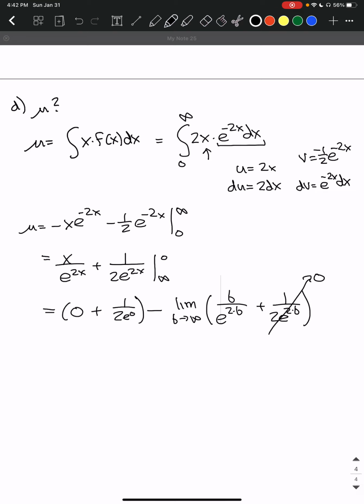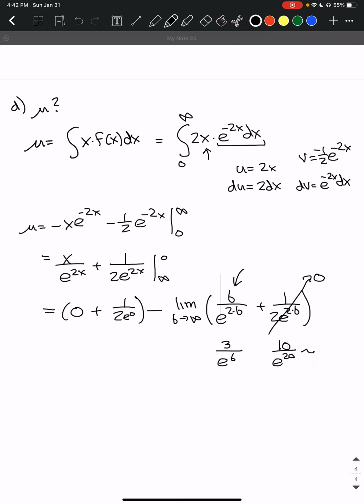What's important to note here, and we'll get into this more when we talk about infinite series, is that as b goes to infinity, sure, the numerator is growing, but it's growing at a much, much smaller rate than e to the 2b, right? So when b is equal to 3, for instance, I have 3 over e to the 6th power, and e to the 6th power is gigantic already. You can even imagine 10 over e to the 20th, right?